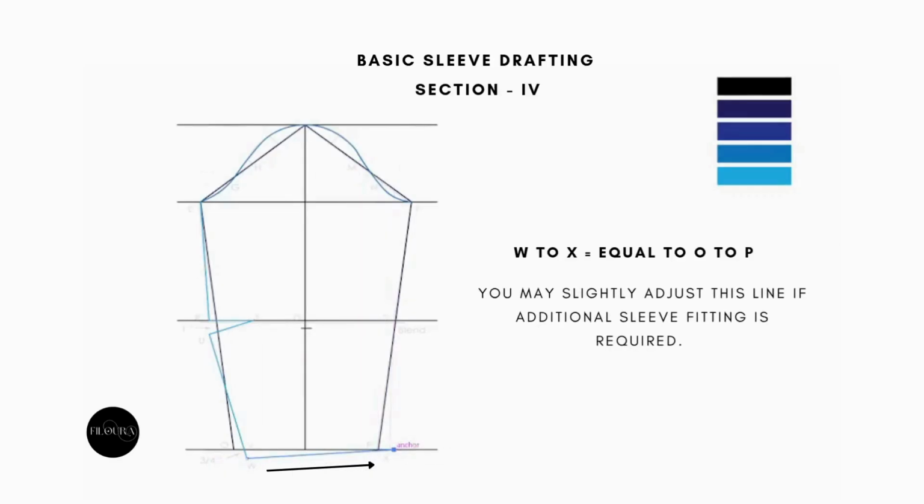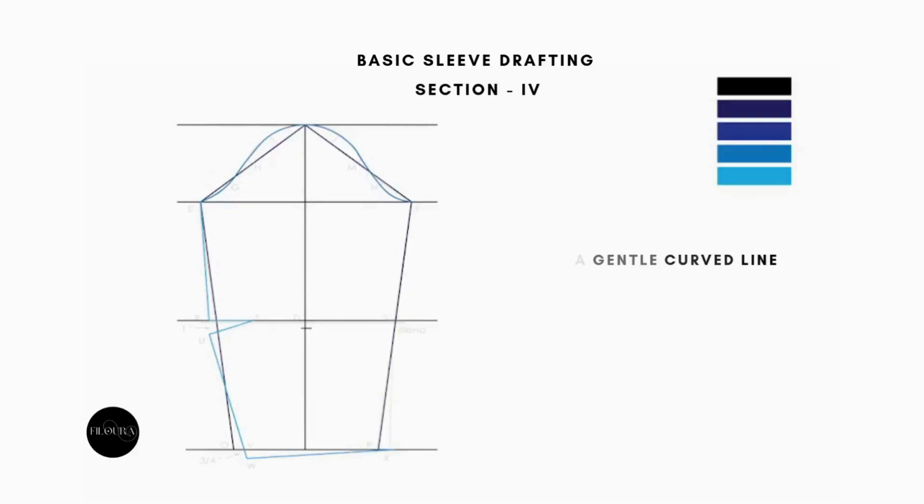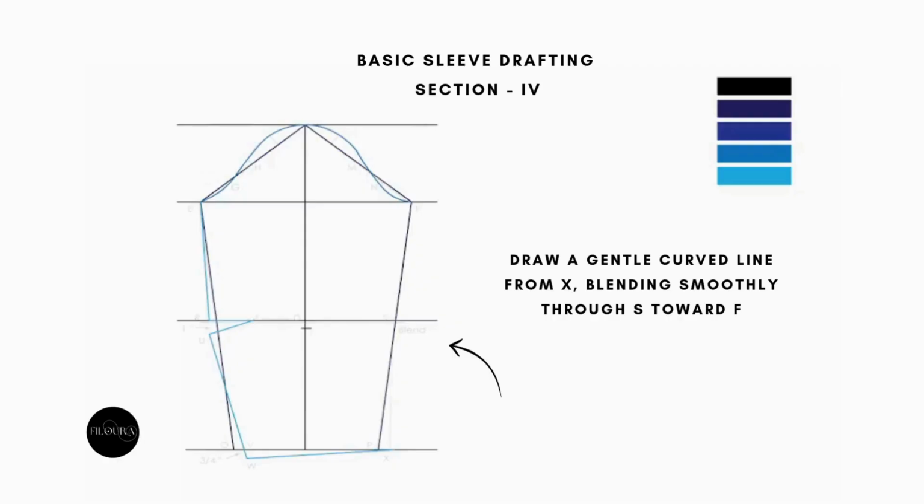You may slightly adjust this line if additional sleeve fitting is required. Otherwise, extend it naturally to the wrist level. Finally, draw a gentle curved line from X, blending it smoothly through S towards F. Now, your elbow dart is complete.